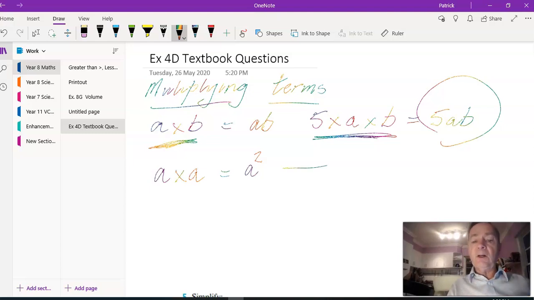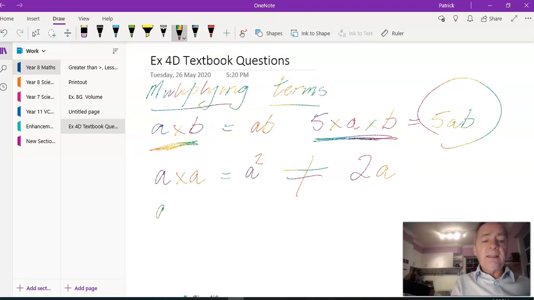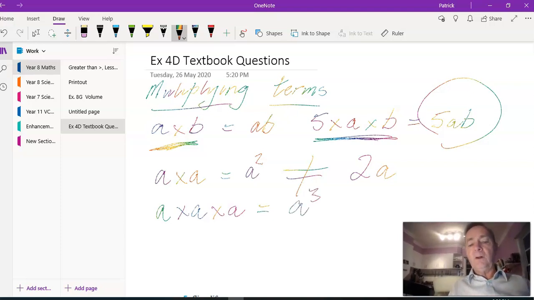It does not mean 2A. Now, many people make that mistake. It doesn't mean that at all. It means multiplied by itself twice. So then if we had A times A times A, that will equal A to the power of 3, because A is multiplied by itself 3 times.